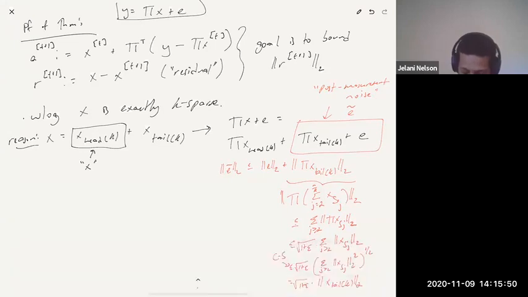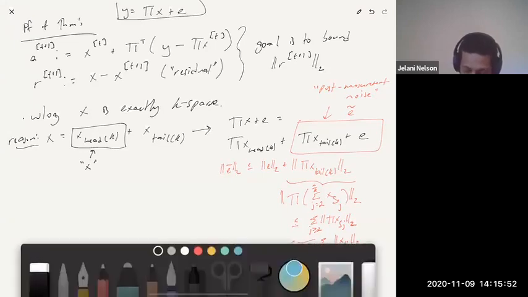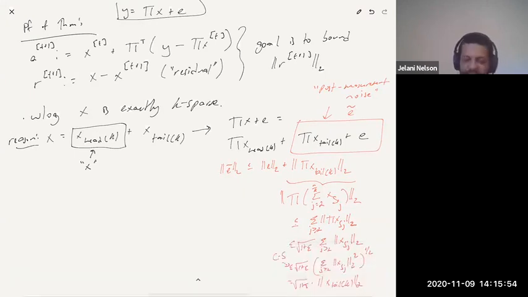So I guess one life lesson to keep in mind is that if you just don't want to blow up norms, you don't mind shrinking norms, then RIP gives you that even for non-sparse vectors, just because you can do the triangle inequality like this.